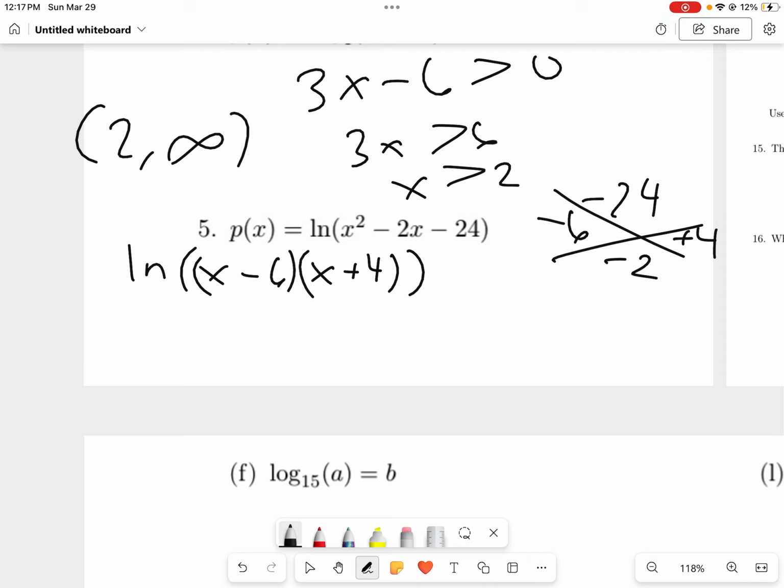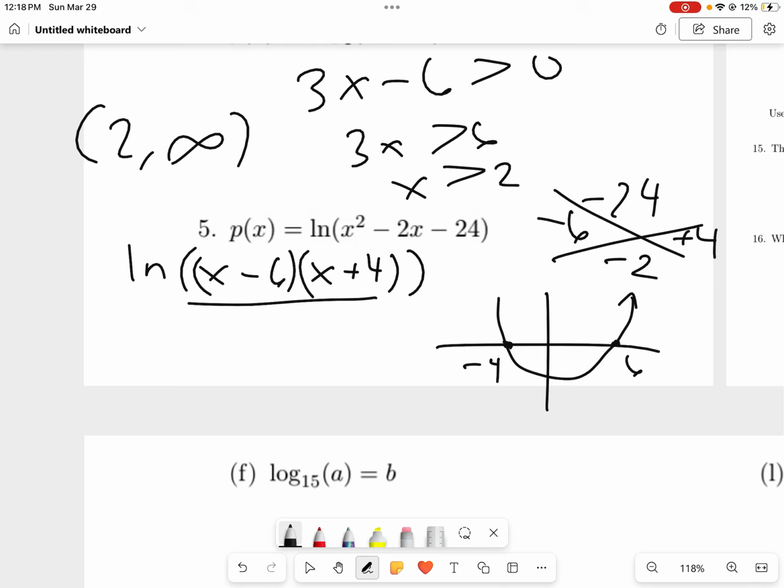Because the normal restriction for the domain is usually just a value or a parameter. But here, this quadratic looks kind of like this, and this would be 6, and this would be -4. Because look, it has two solutions, since it crosses the x-axis twice. And this will mirror the actual domain of this equation.